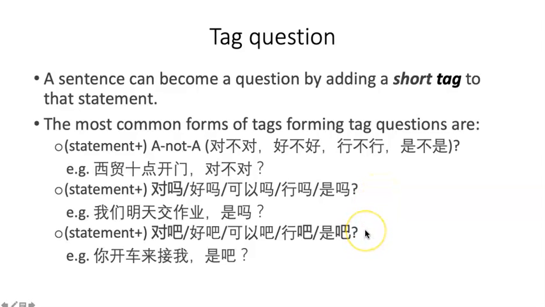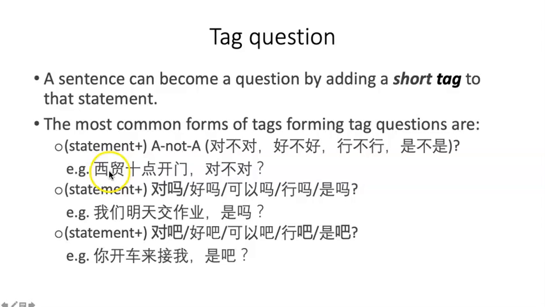The third type of short tags are 对吧？好吧？可以吧？行吧？是吧？ ending with 吧。Please note that these three general types of short tags all come after a statement.